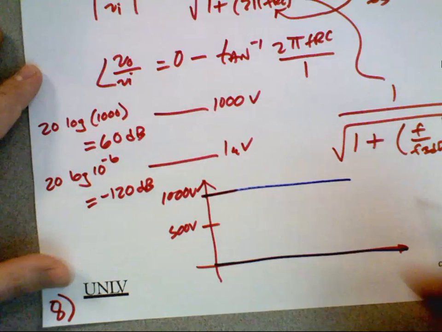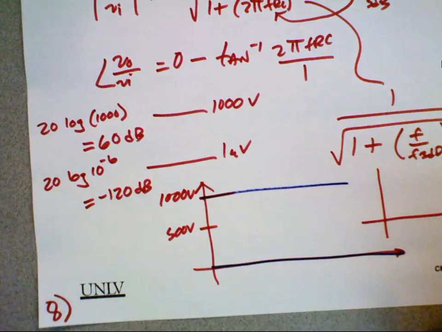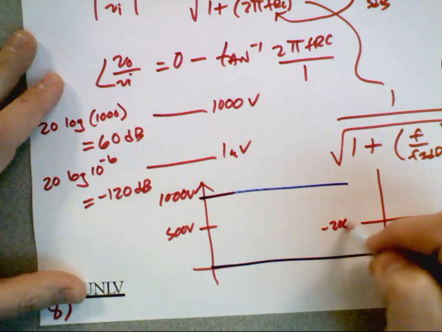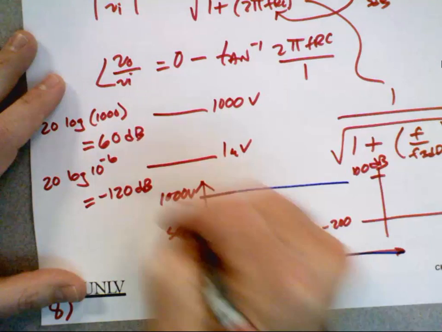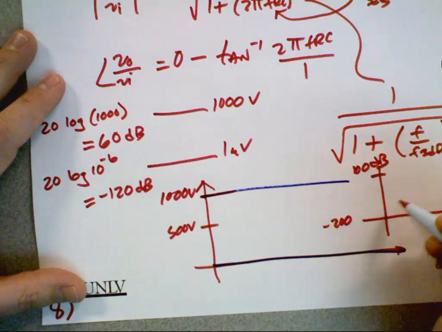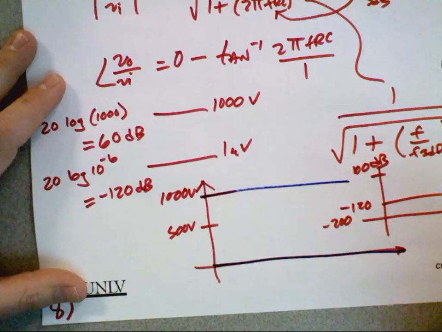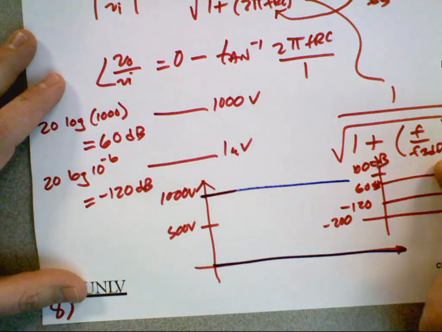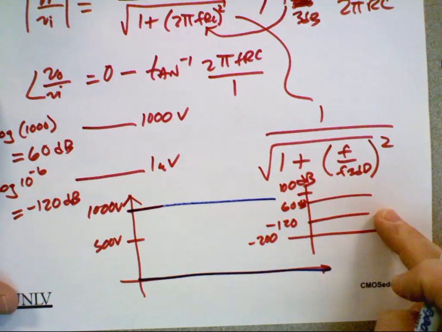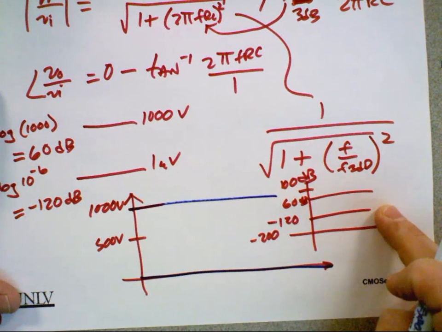And I go on a plot, and I go from minus 200 to plus 100 dB, because these are now dB. I can put my minus 120 right here, and I can put my plus 60 up here, and I know, hey, that's 1,000 volts. Hey, that's a microvolt on the same exact plot.